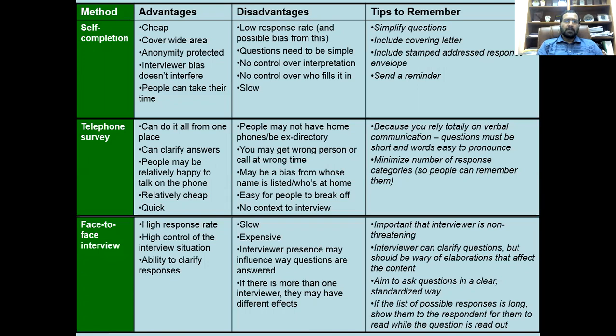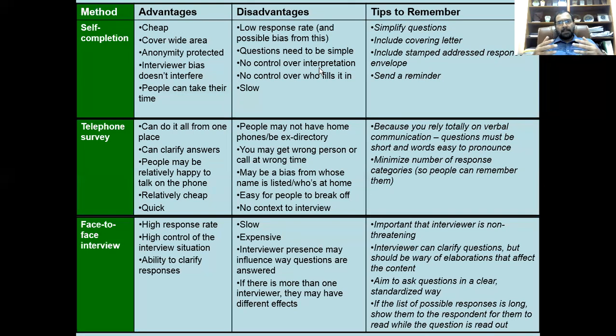Next is the face-to-face interview. That is very important. Even in our computer science research, sometimes we have to interact with people. The face-to-face interview has a high response rate. That is the advantage we have, because whenever you set an interview, the subject exactly knows that the time slot is available for you.